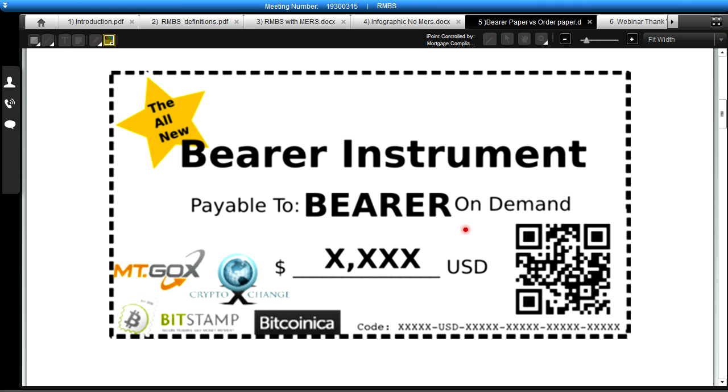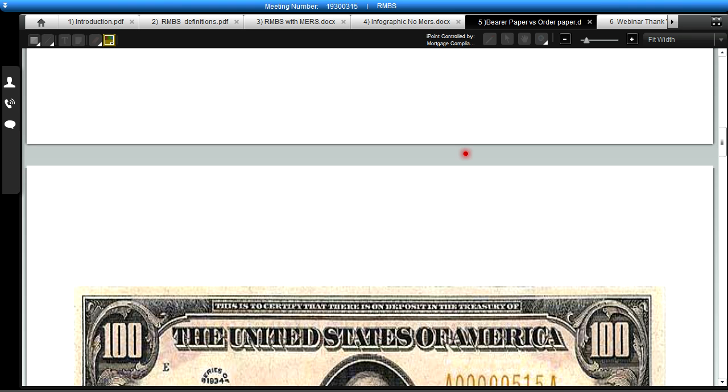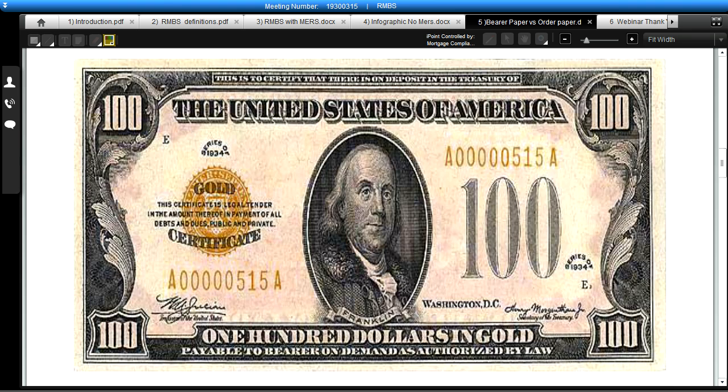All right, let's take a look at the next example. Anybody recognize this? Yes, this is a Federal Reserve note. This says payable to bearer on demand as authorized by law. Again, payable to bearer, B-E-A-R-E-R.